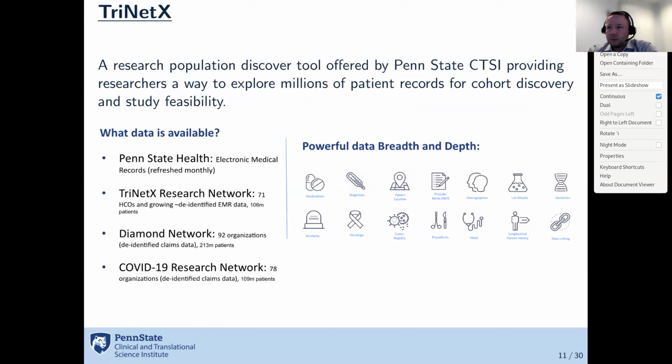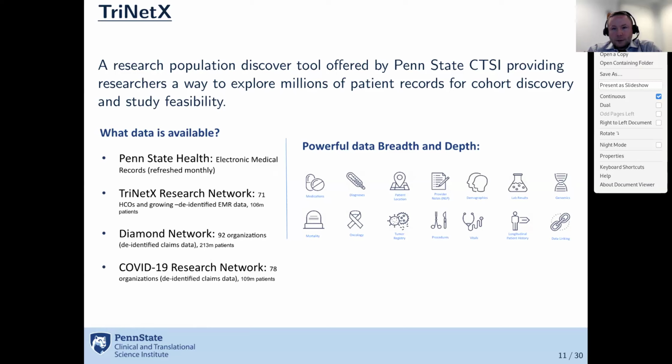So Odyssey is another place where we can get data, more data than what Penn State Health has to offer. Another option is TriNetX. Through TriNetX, you can get access to, again, more tabular health data, very similar: your diagnosis codes, procedure codes, vital signs, and basic demographics: age, gender, race, ethnicity.